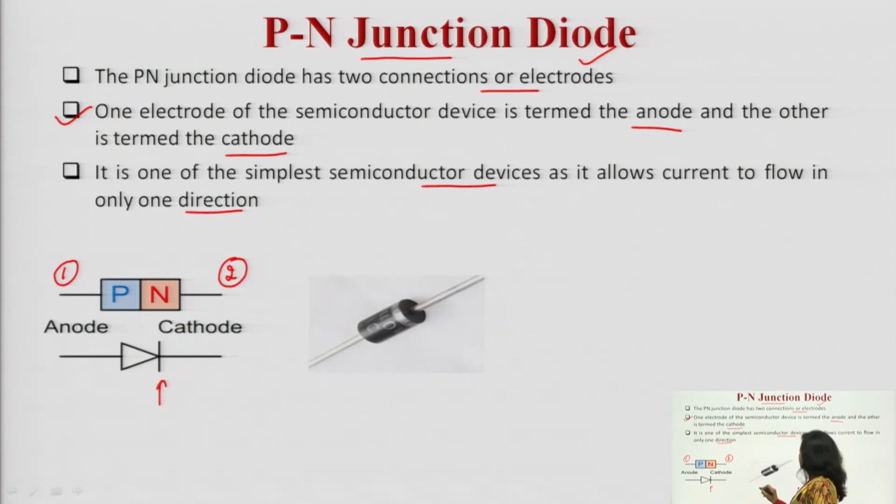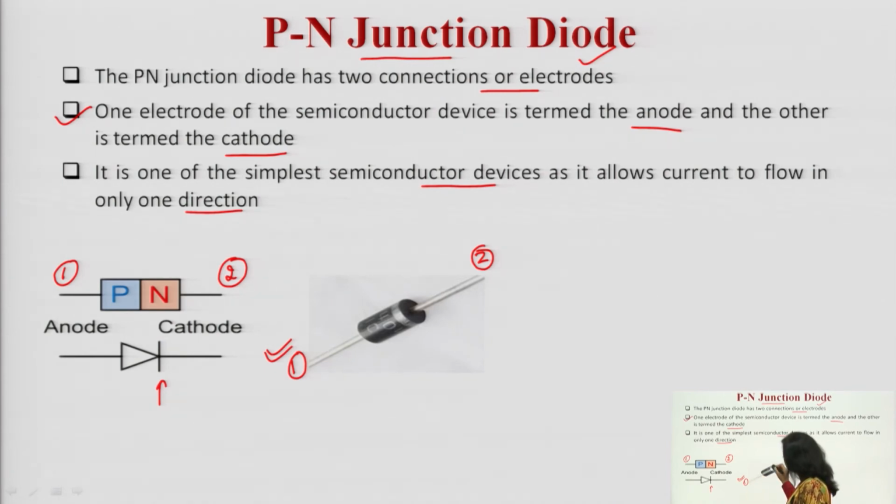But if you go to the laboratory and you get a diode, definitely there will be two terminals, the first terminal and the second one. But how to identify which is the positive and which is the negative, meaning anode and cathode? From that particular component, try to identify at which side you are getting a bar.